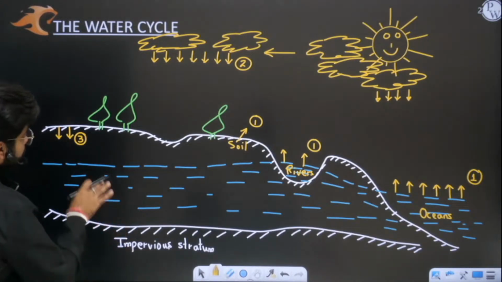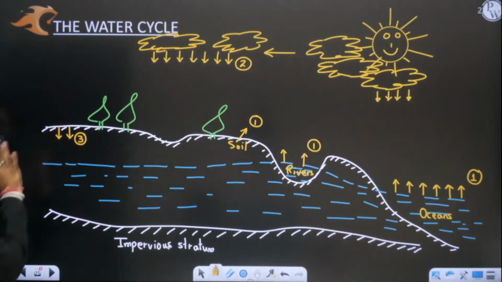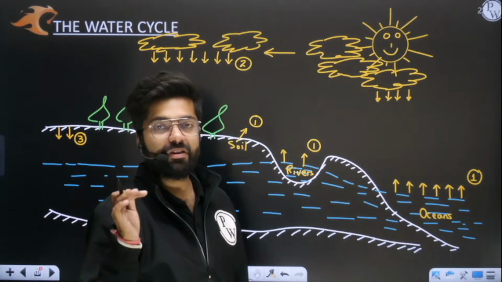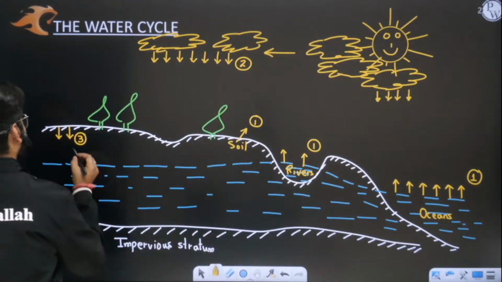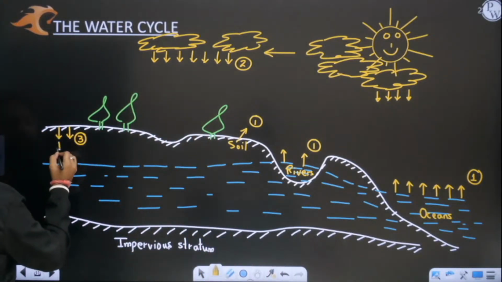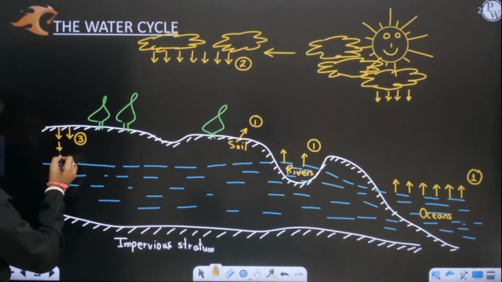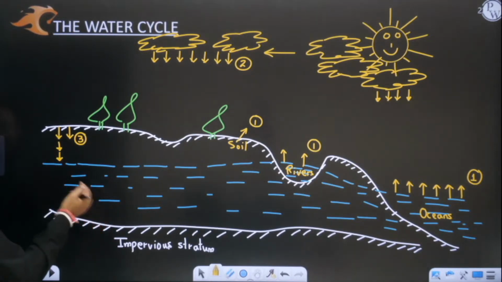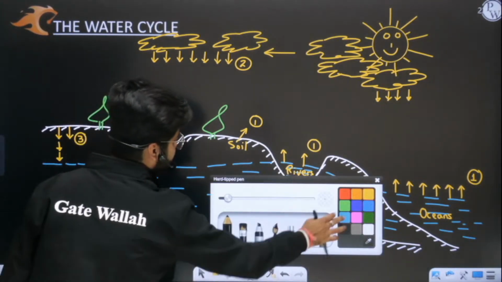So infiltration simply means water moving inside the topsoil only. But you need to understand, water can also move from one soil layer to another layer, deep down, and ultimately join the water table. I hope you understand what the water table is.